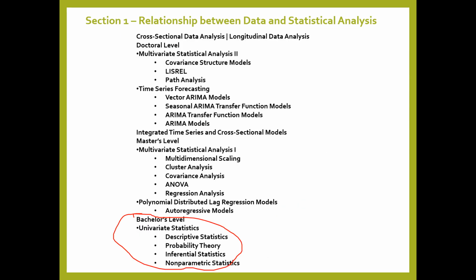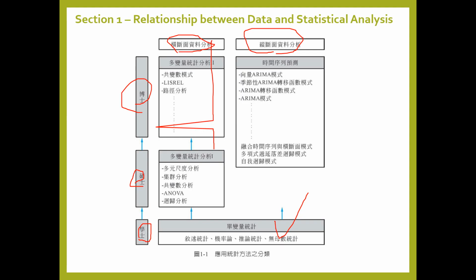For the master's level, they have what is called multivariate statistical analysis 1. Some analyses are MDS, multi-dimensional scaling, cluster analysis, covariance analysis, ANOVA, and regression analysis.